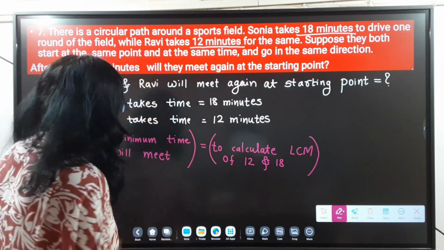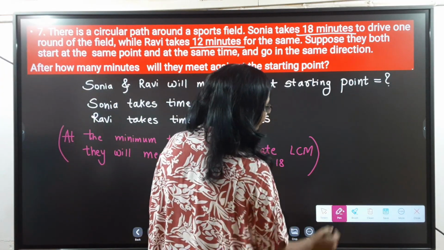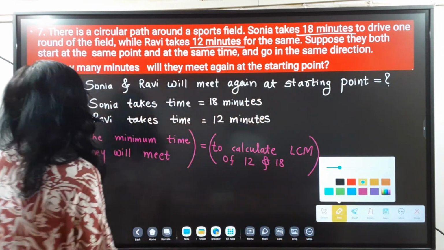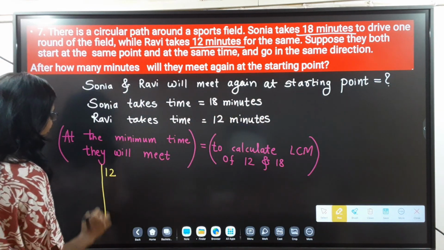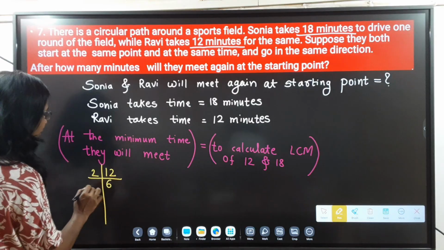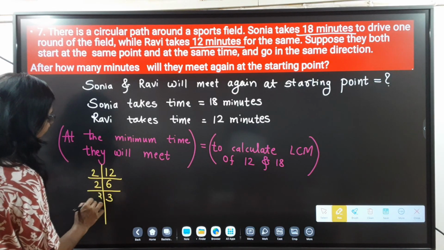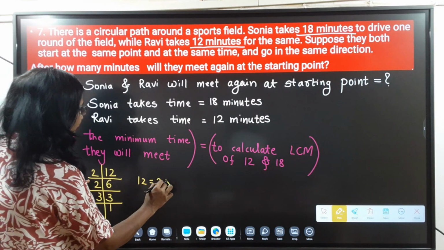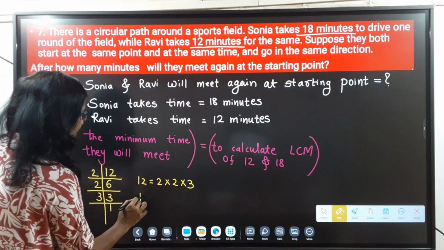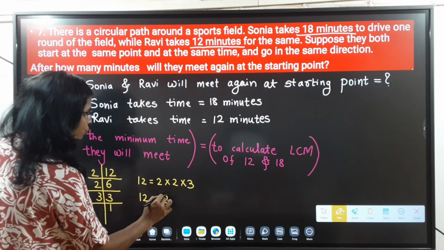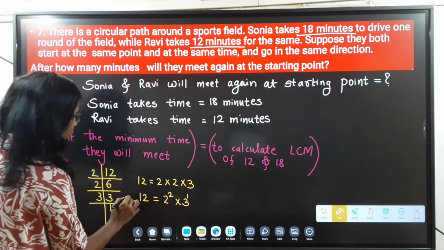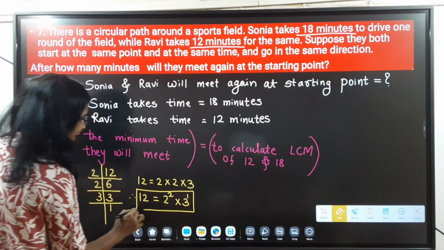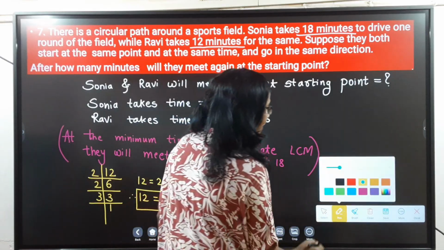Okay students, so now here the process to calculate the LCM, that means I first factorize the 12. So here 12, that is 2 times 6 is 12, 2 times 3 is 6, 3 times 1 is 3. Okay, so the factors of 12, 2 multiplied by 2 multiplied by 3, that means therefore 12 is equal to 2 squared multiplied by 3 raised to 1. Okay students, and then here the 18, factorize the 18, students.